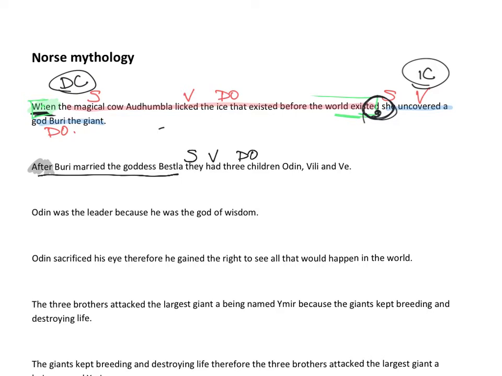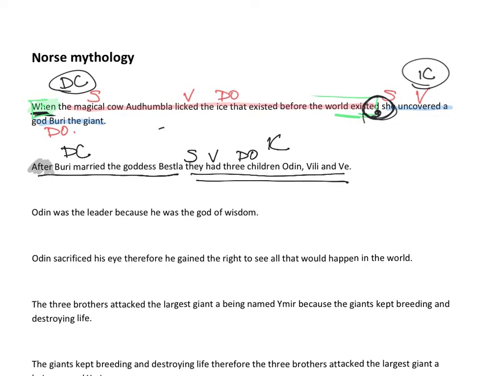Well, can I flippy-flop it? After Buri married the goddess Besla, they had 3 children. Buri and Besla had 3 children after Buri married the goddess Besla. Yes, it flip-flops, which means this is a DC. This is the IC. And you can look at this and you can see this could be a complete sentence on its own.